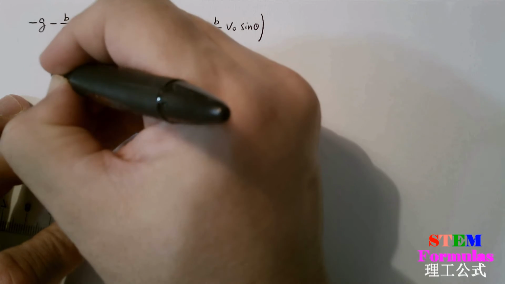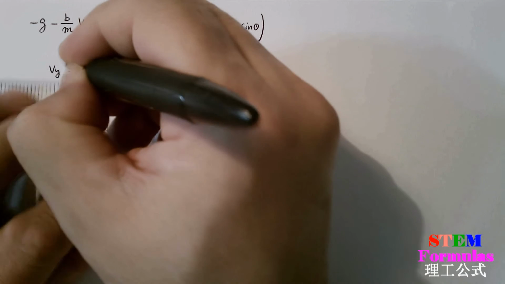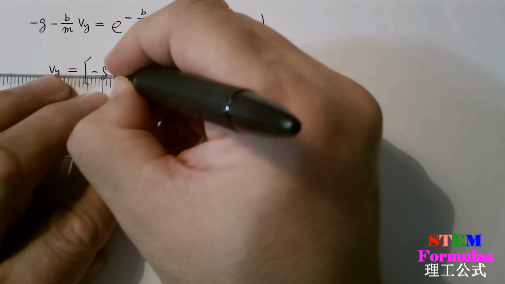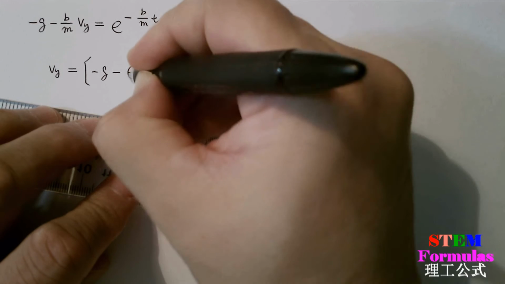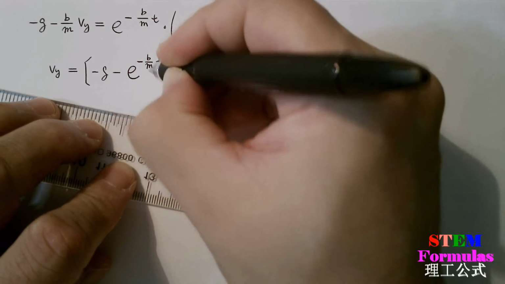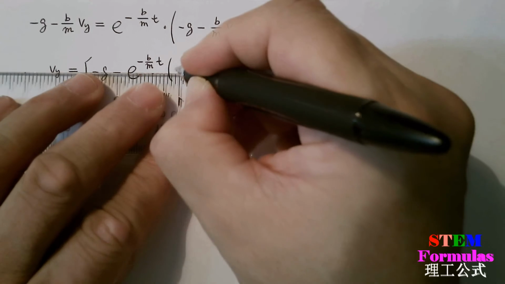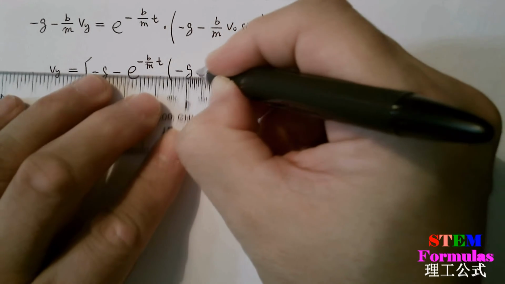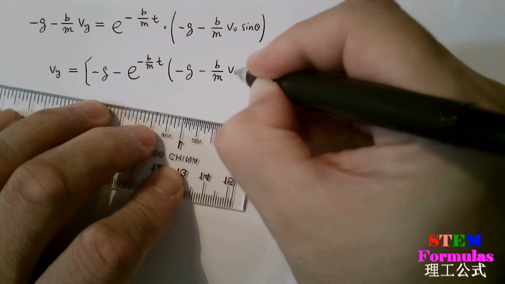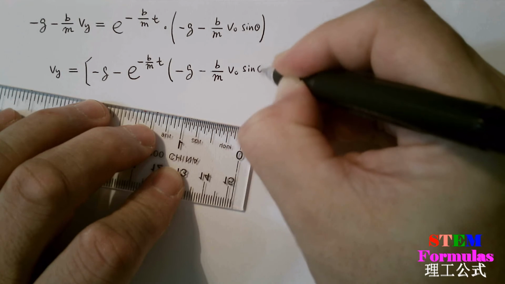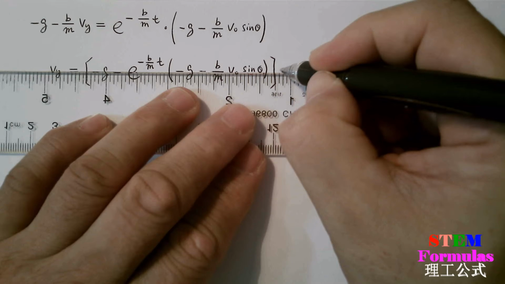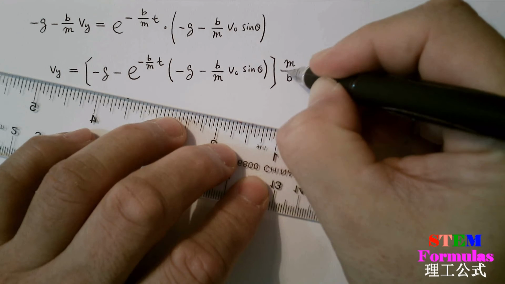We write Vy as minus g minus e to the power minus b divided by m t, minus g minus b divided by m v0 sine theta, and times m divided by b.